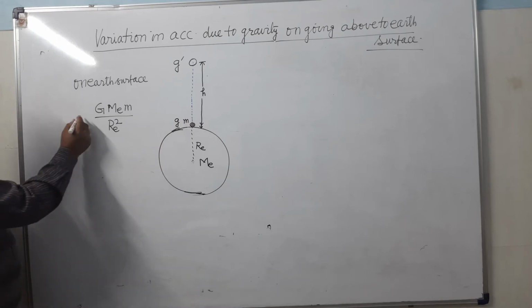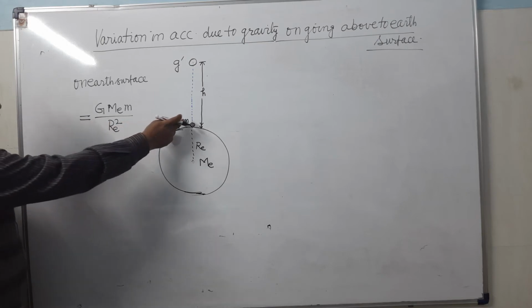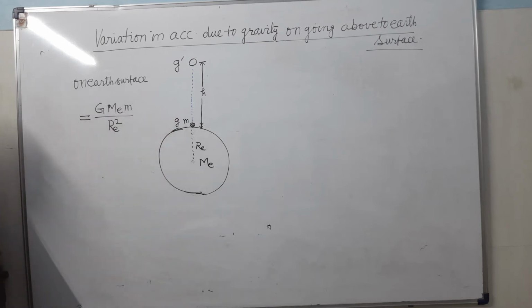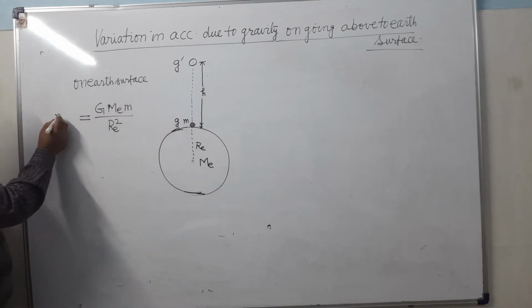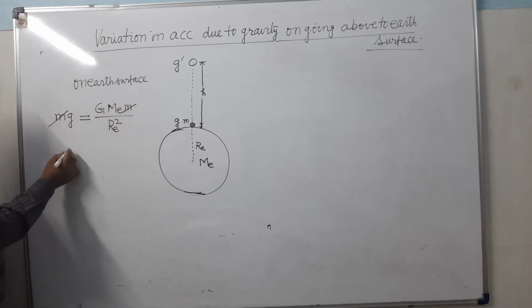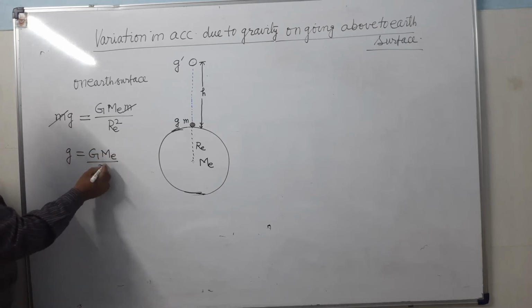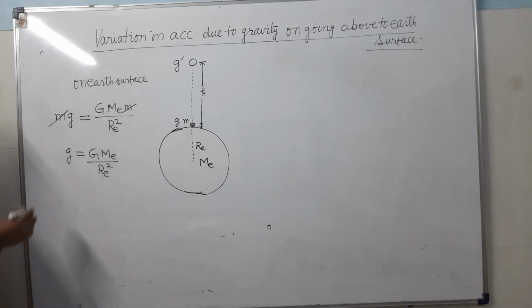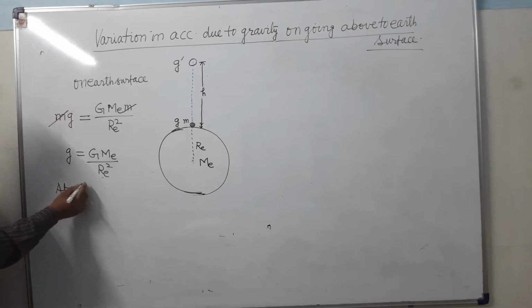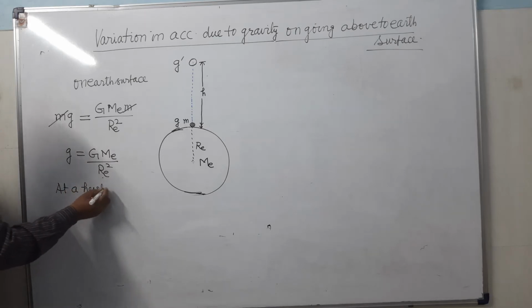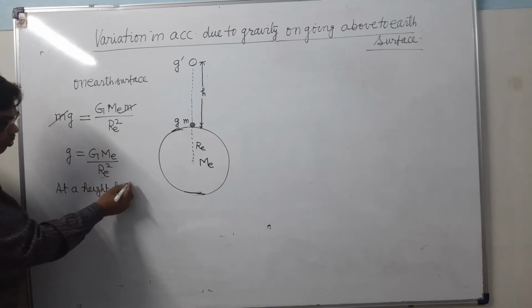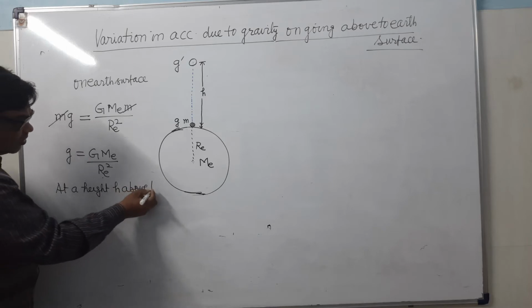Now by our previous knowledge we know that this force is equal to m into g. So m cancels, and g will be equal to G Me upon Re square. Is it clear? Now at a height h above the Earth's surface.